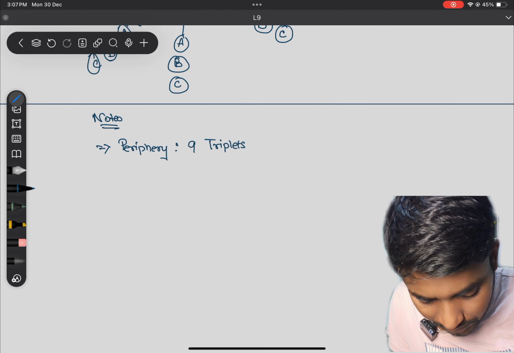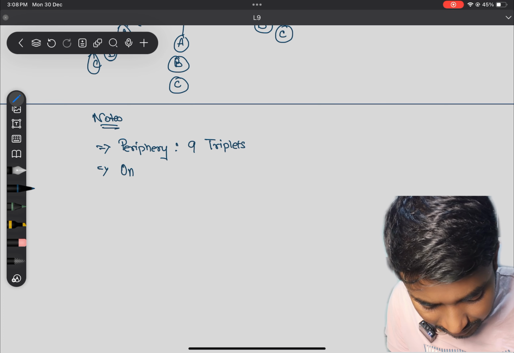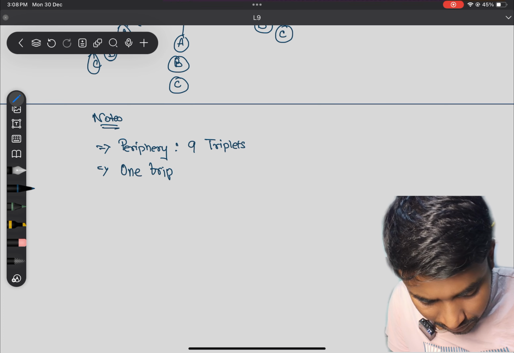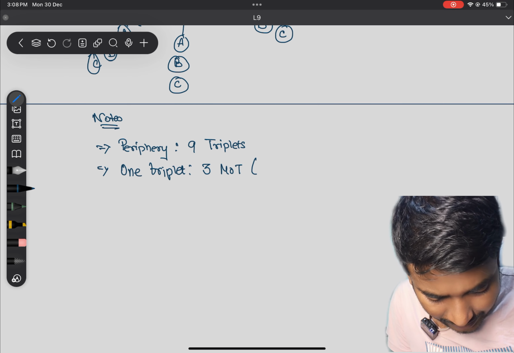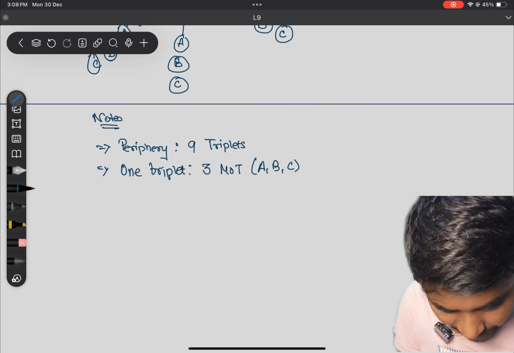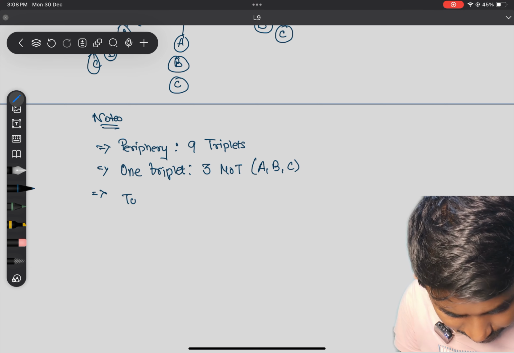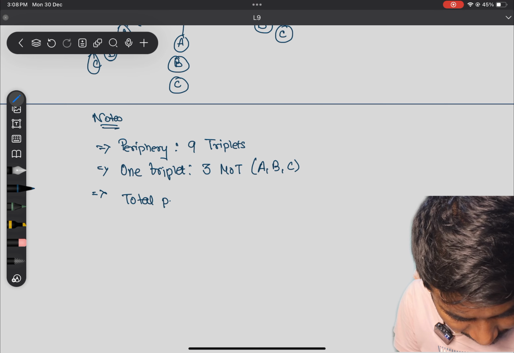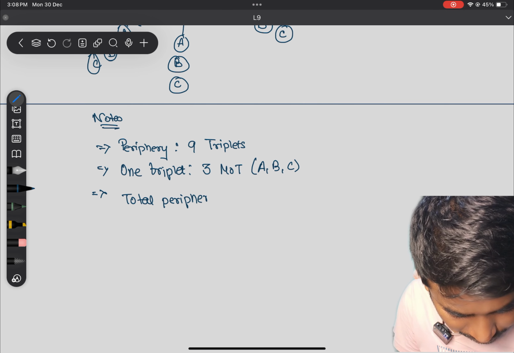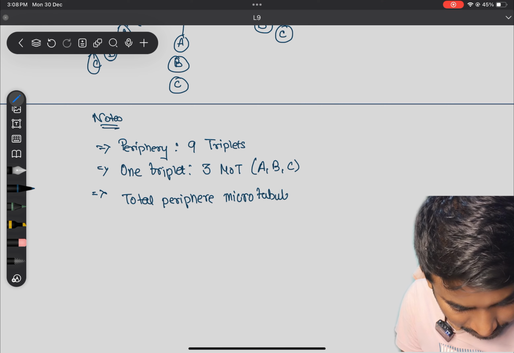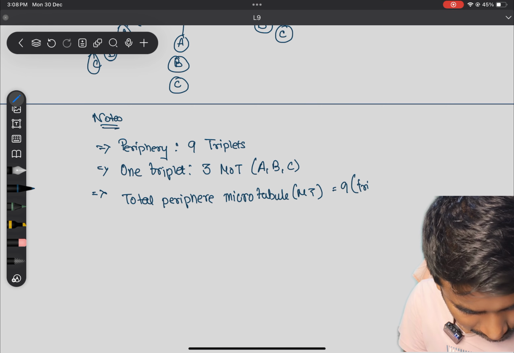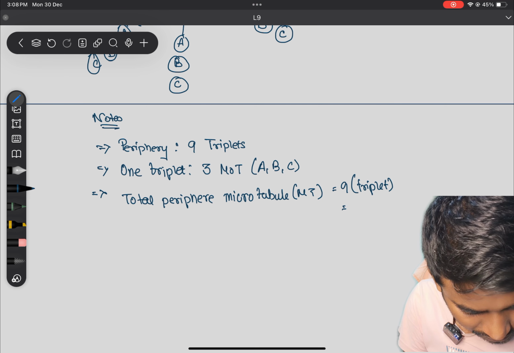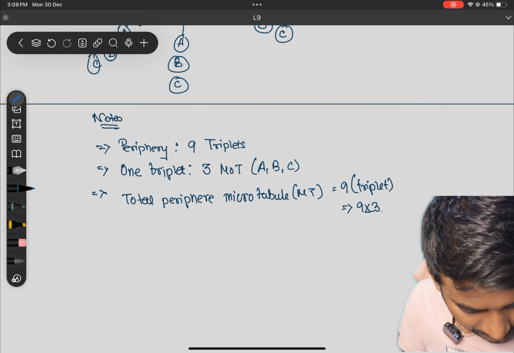One triplet consists of 3 microtubules, A, B and C. So total peripheral microtubules, that is MT, equals 9 triplets, equals 9 into 3, equals 27 MT.